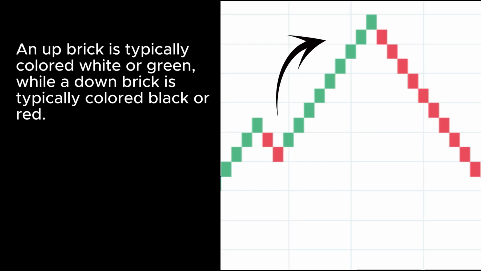An up brick is typically colored white or green, while a down brick is typically colored black or red.